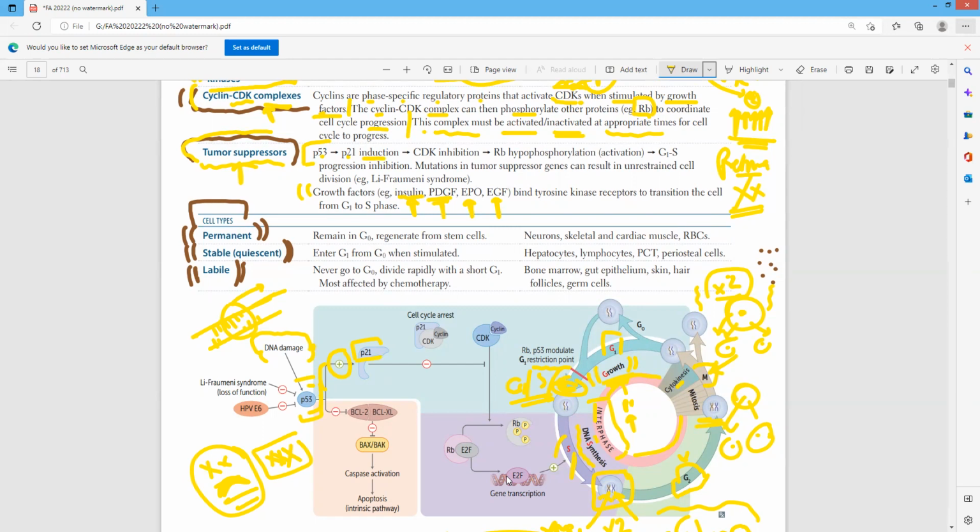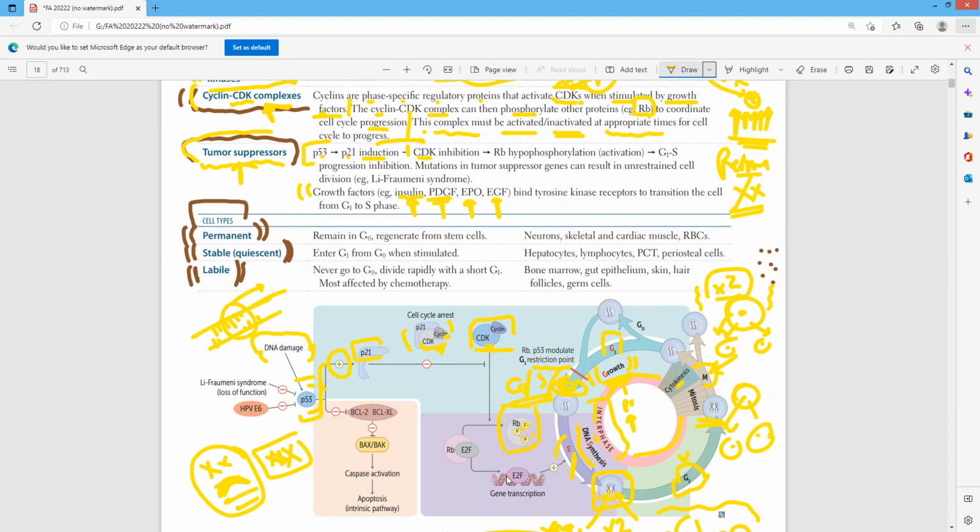So P21 will do what? It will inhibit cyclin-dependent kinases, and cyclin-dependent kinases phosphorylate retinoblastoma.